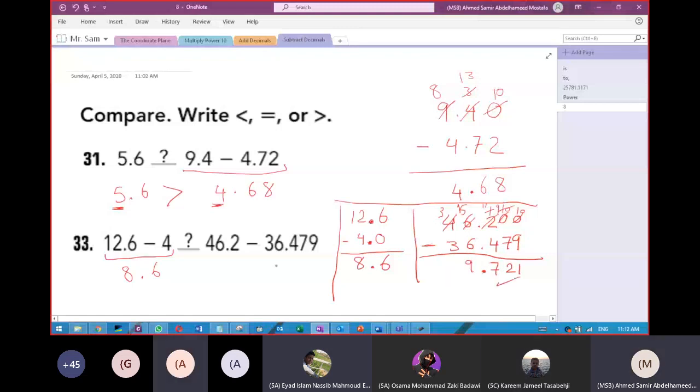Right, so this part of the equation is 9.721. So 8.6 is less than 9.721. Why didn't we add 2 zeros here, as Abdulmalik suggested? Because we're looking at the whole number first. Yes, of course. Thank you very much.